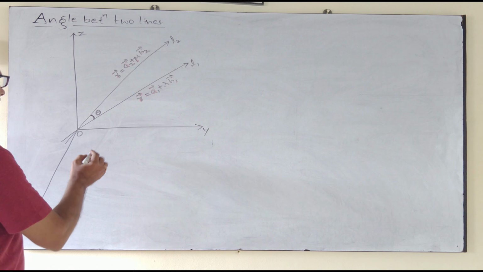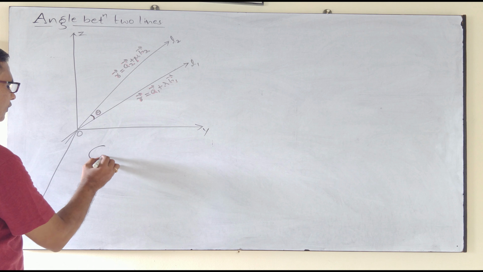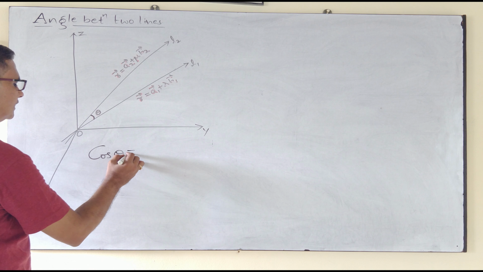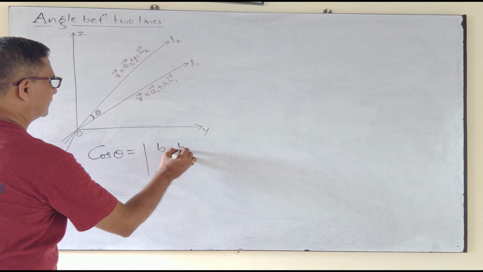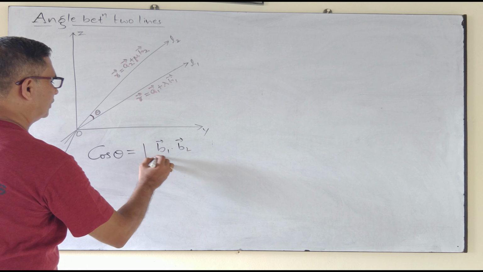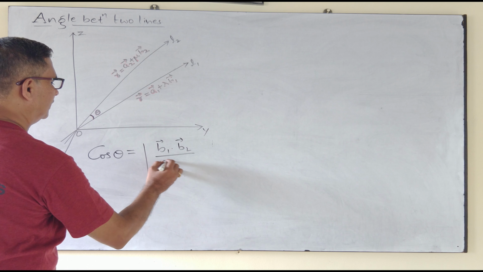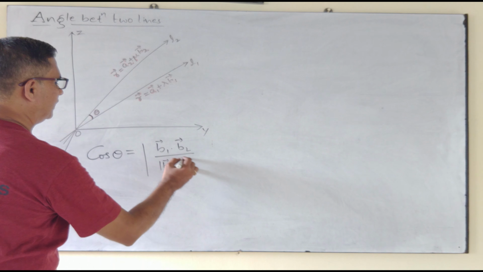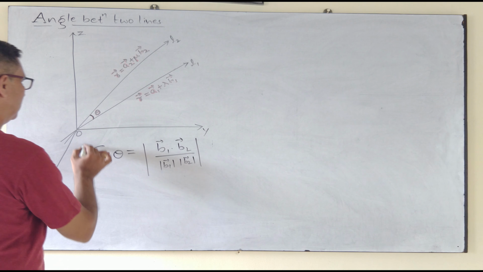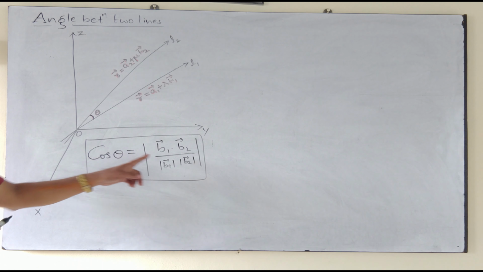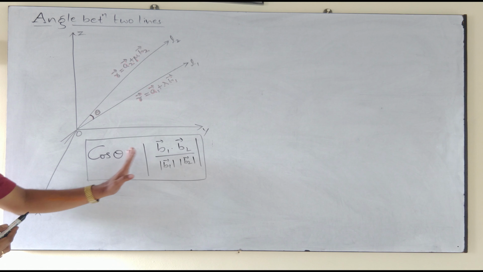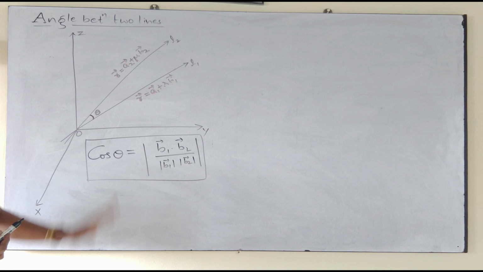So the vector form of angle between two lines, remember, cos theta is equal to modulus of b1 dot b2 divided by magnitude of b1 into magnitude of b2. This is vector form of angle between two lines. Remember that formula. No proof, only remember that formula.